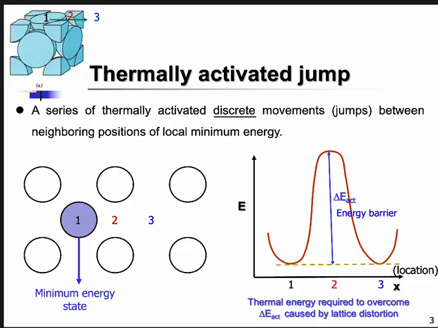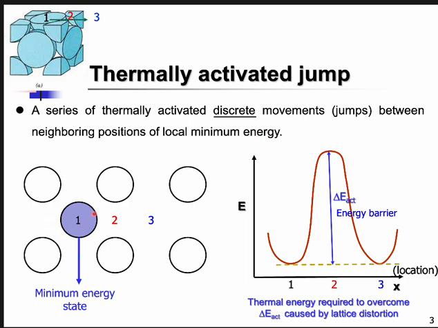If everything is at the micro scale, right? So these are atoms, and what is a thermally activated jump? What we have here is a series of thermally activated discrete movements between neighboring positions of local minimum energy.